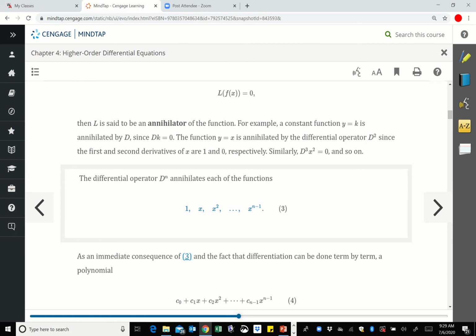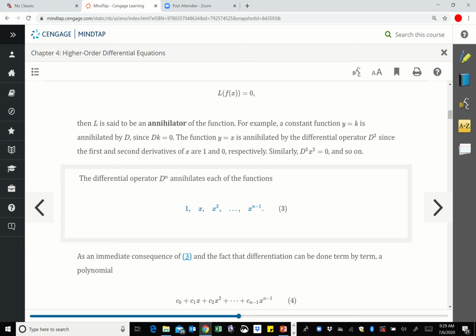Similarly, the differential operator D cubed, D to the fourth, or any higher power of D would also annihilate y equals x. Okay. If you wanted a differential operator that's going to be an annihilator for x squared, well, we have a polynomial of degree 2, and if we take 3 derivatives, then that will result in 0.